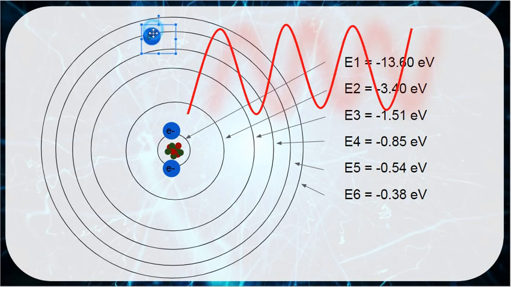It can't go halfway, and it can't go a third of the way, and it can't go anywhere in here. It has to go from one shell to another, and that produces light at a certain frequency. Okay, going from this shell to this shell is a change that produces light at a certain frequency.